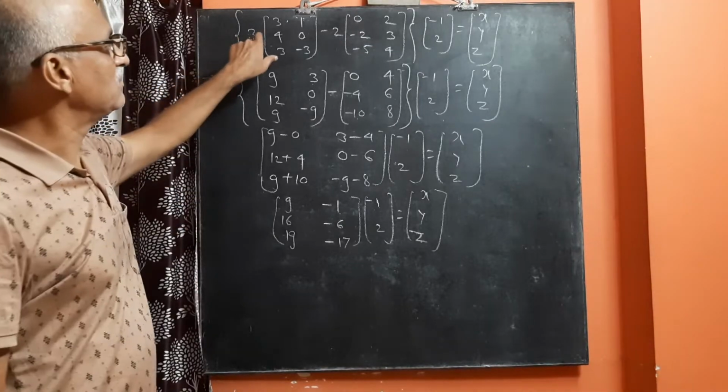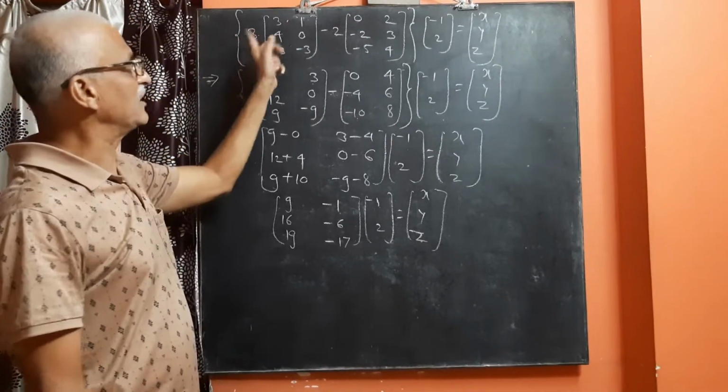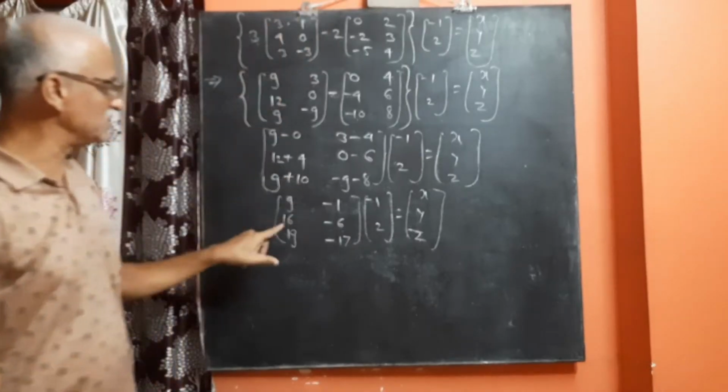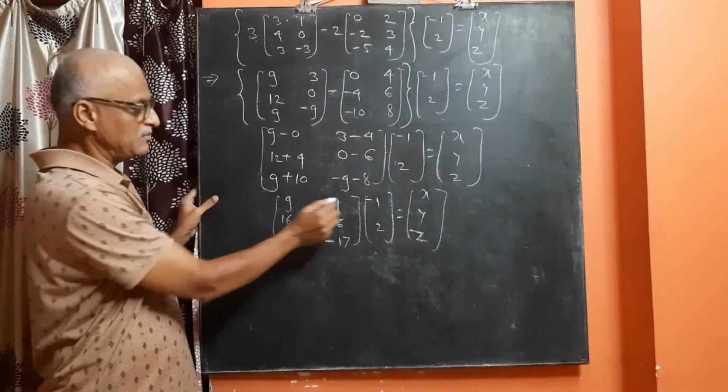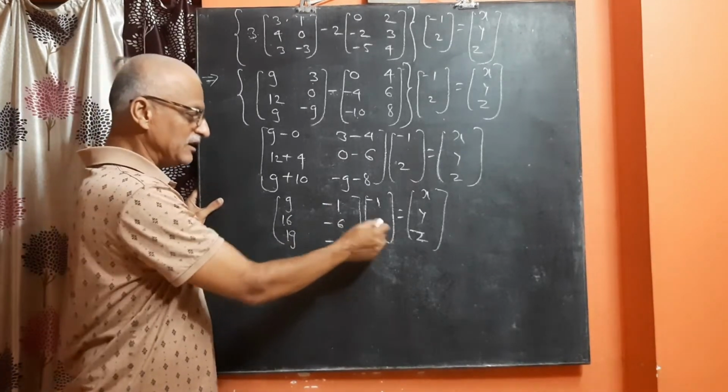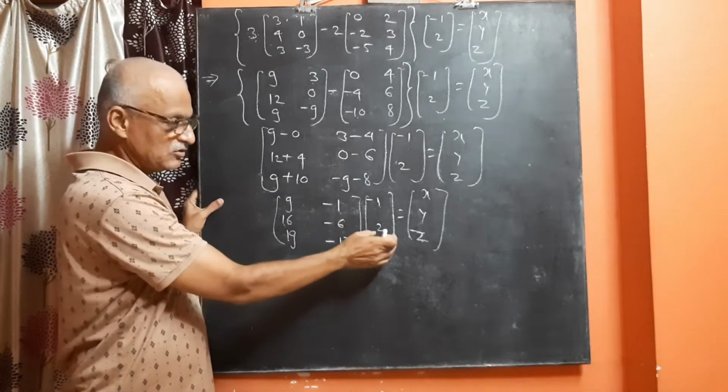From this matrix, the scalar multiplication of two matrices and the subtraction of two matrices, we have got finally this matrix 9 minus 1, 16 minus 6, 19 minus 17. Then the multiplication of these two matrices, this matrix into the column matrix.